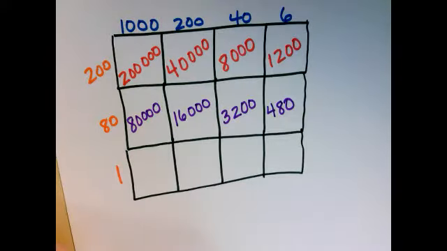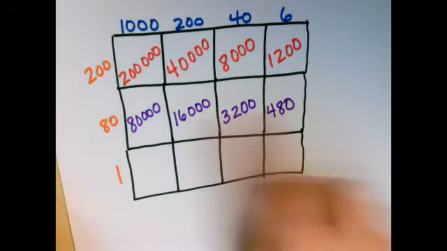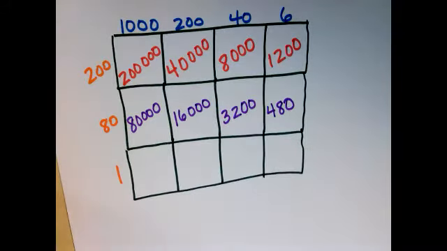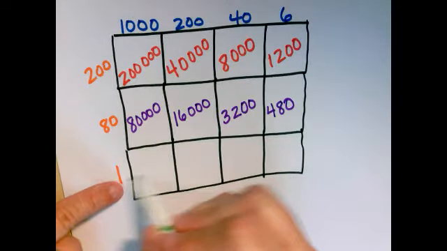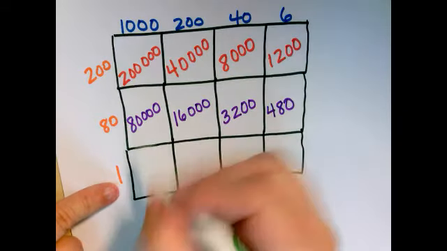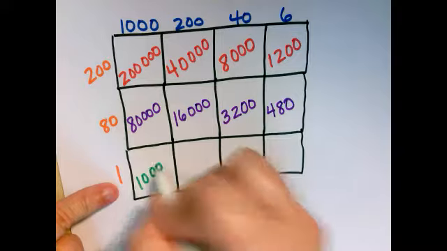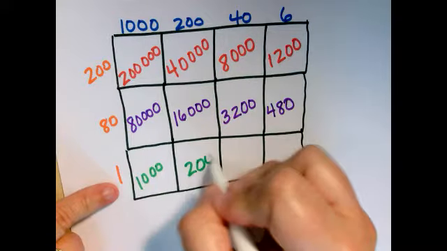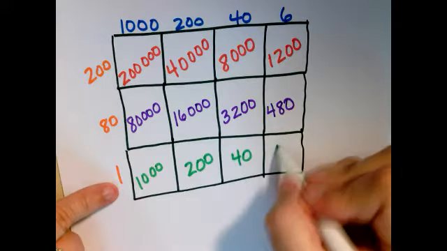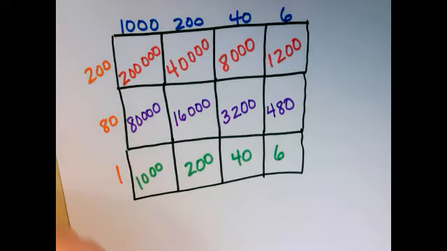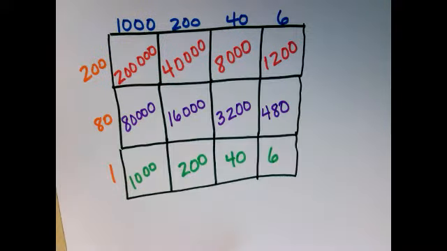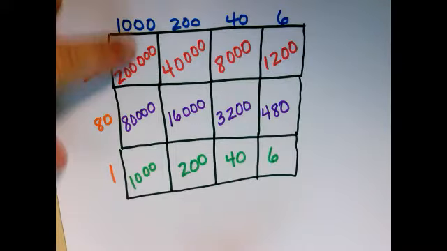Okay, once again, you could stop and add all of your partials together or just wait and do that at the end all together. So down here, this one's pretty easy. I have 1 times 1,000, 1 times 200, 1 times 40, and 1 times 6. So you could add these.